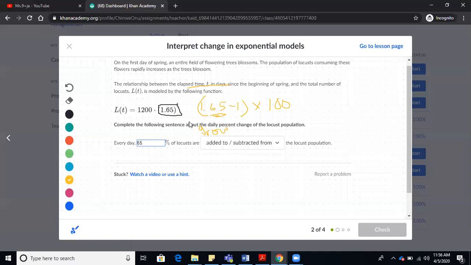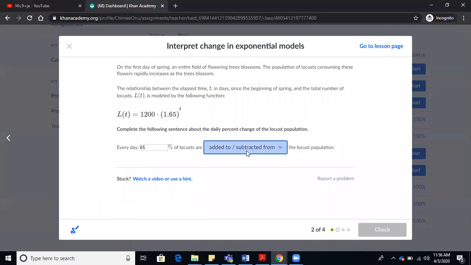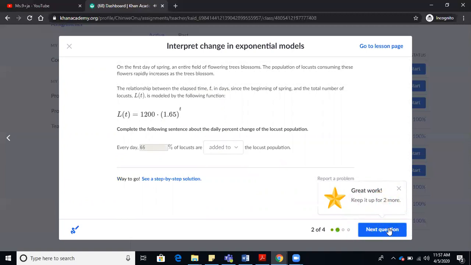Once this is greater than 1, you should just know you should choose grow or added to. So I have 65% added to. If it was less than 1, it would be subtracted from. So to find your percent, you're just going to subtract what's here from 1, or do this minus 1 if it's bigger than 1, and multiply by 100.